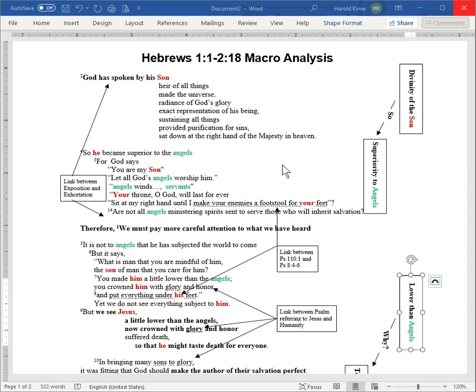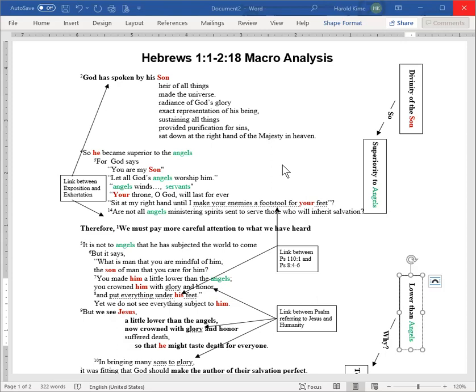The Son is contrasted to angels. Angels, well, they're just servants that minister to individual people. But the Son is God himself. And so we have this contrast between the Son and angels.